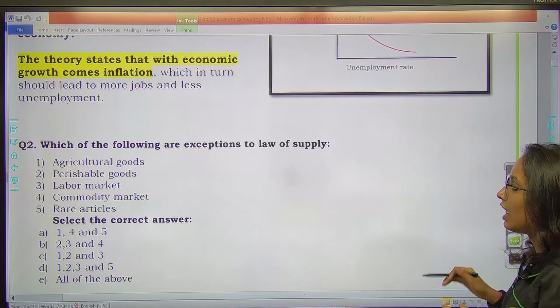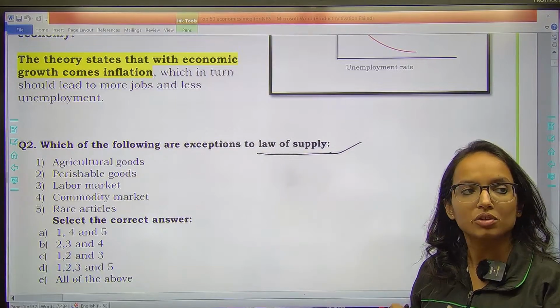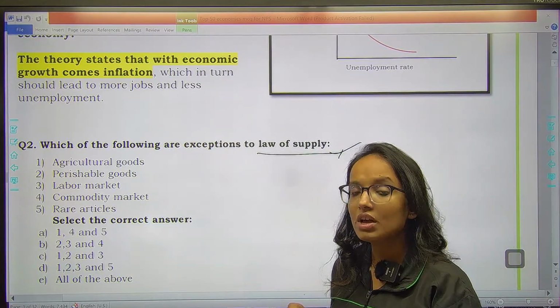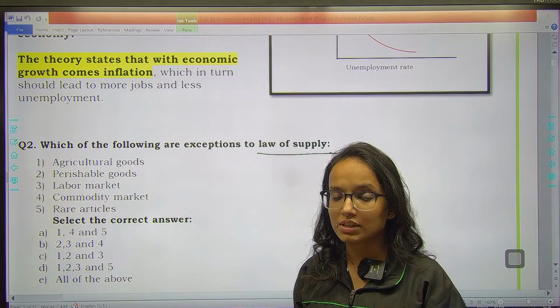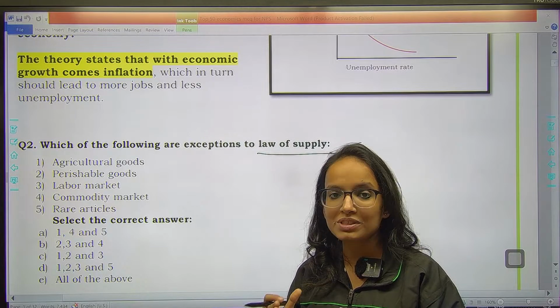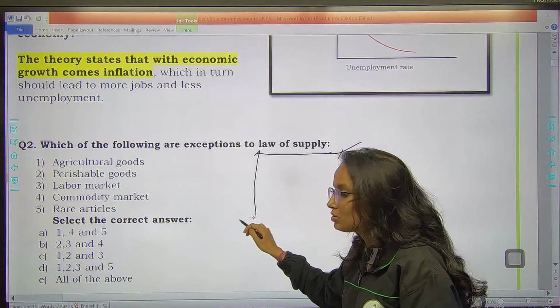Which of the following are exceptions to the law of supply? Law of demand, law of supply, you all know that. What does the law of supply state? Given all other things constant, the price of a commodity and its quantity supplied are positively related to each other. There are certain exceptions to the law of supply.